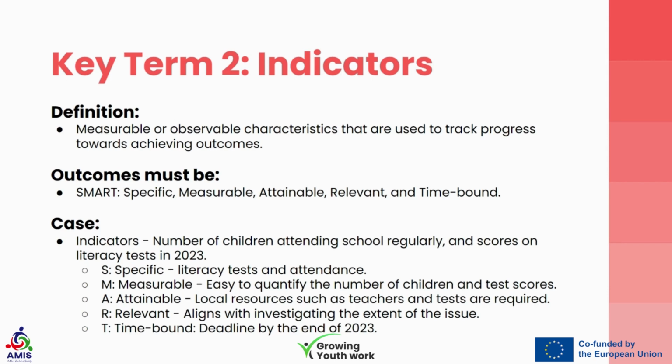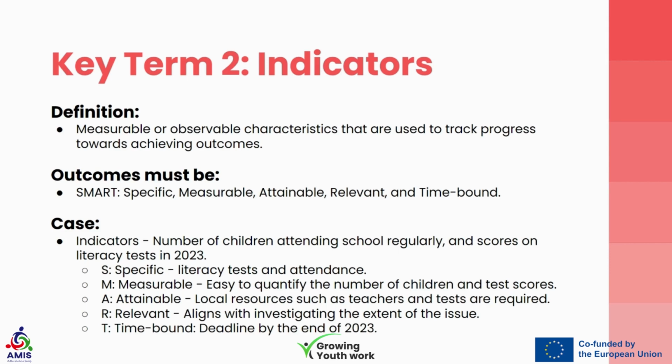S. The specific indicators are the scores on the literacy tests and the attendance at school. M. These indicators are easy to quantify, both the number of children in and out of school, as well as the number of children with high or low scores on the tests.